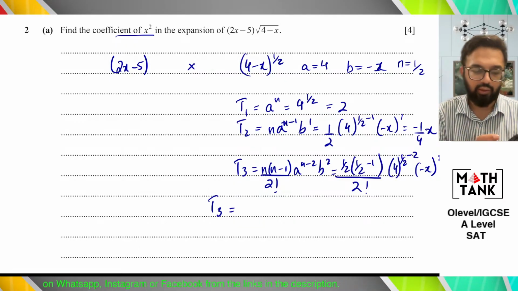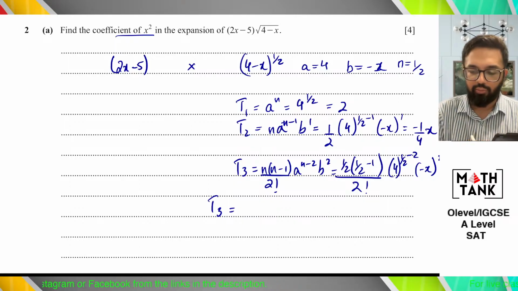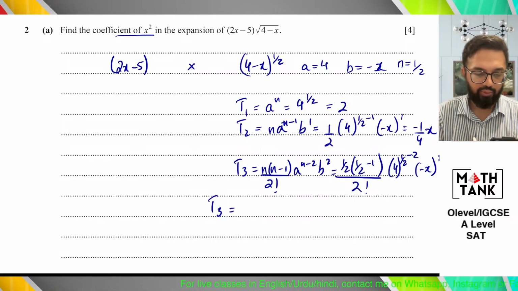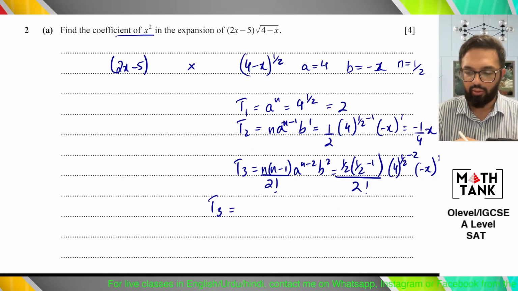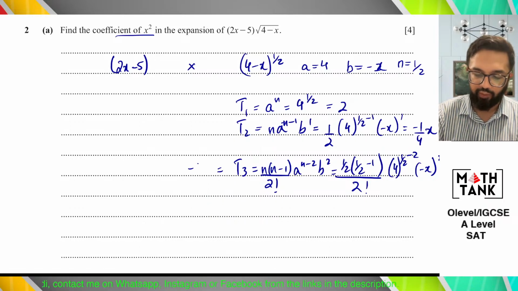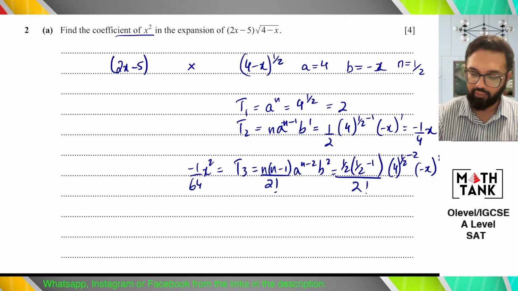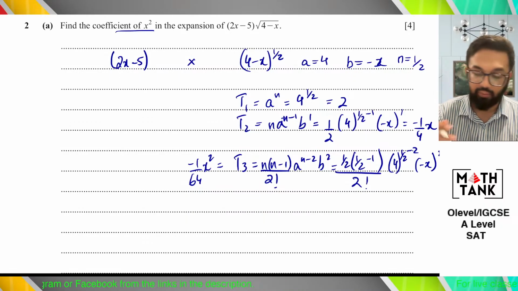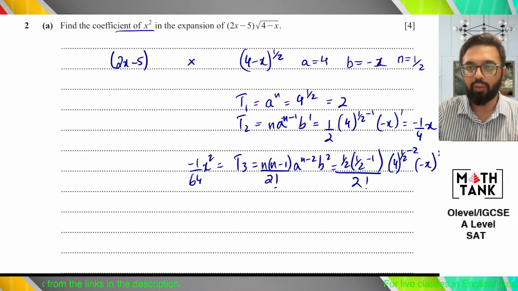I'll have to put this on a calculator. 0.5 into minus 0.5 divided by 2 into 4 power minus 3 upon 2. Gives me minus 1 over 64. प्लस बनेगा शायद. बल्कि नहीं, माइनस बनेगा बिकॉज शुरू में देखेंगे.